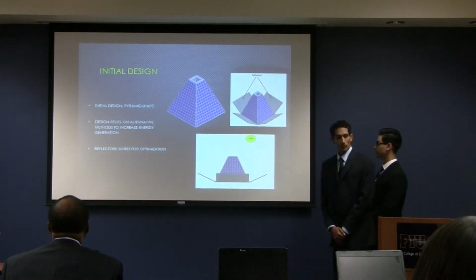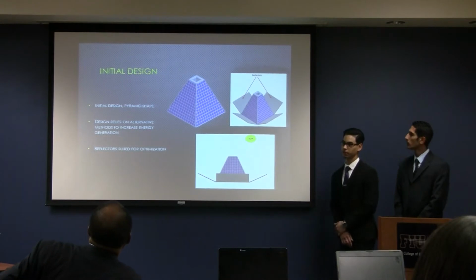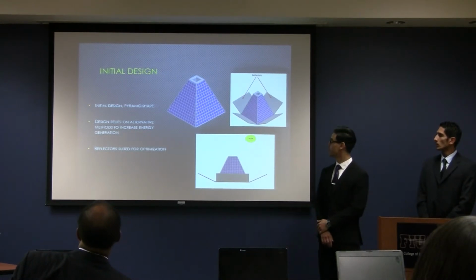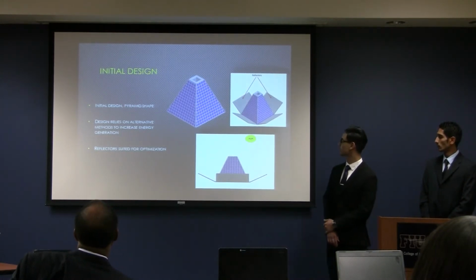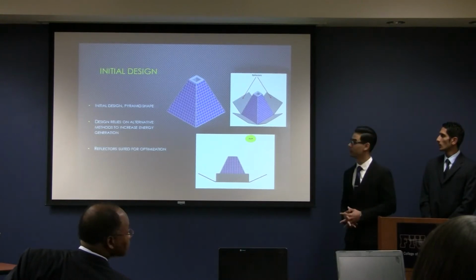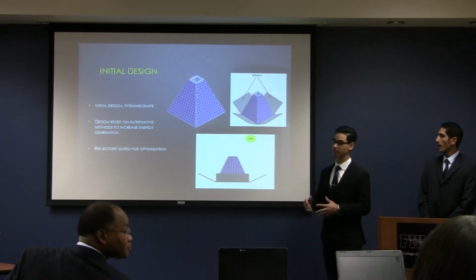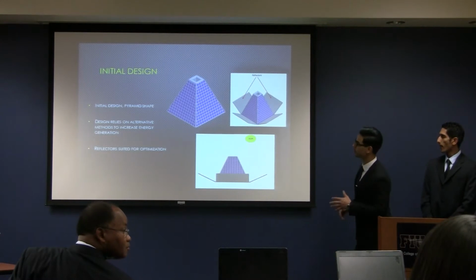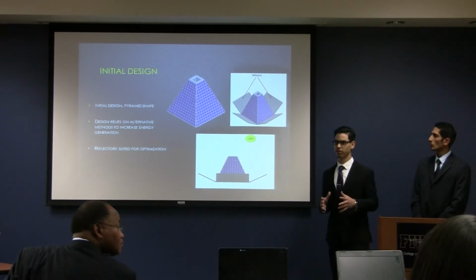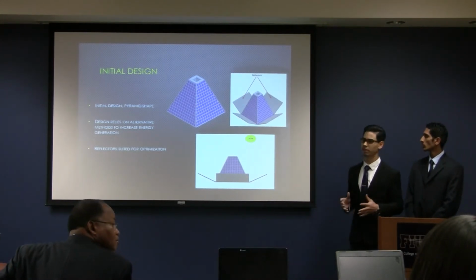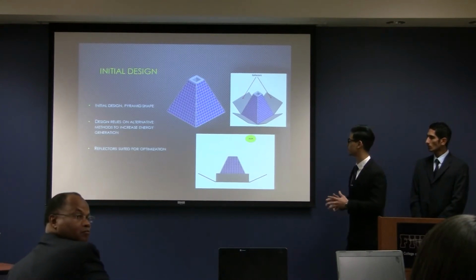Now, for our initial design, we proposed a pyramid-shaped solar panel. Upon further investigation and consulting with our advisor, amongst others, we decided not to pursue this design, mainly because the pyramid-shaped solar panel would rely too much on alternative methods to increase energy generation, such as reflectors.